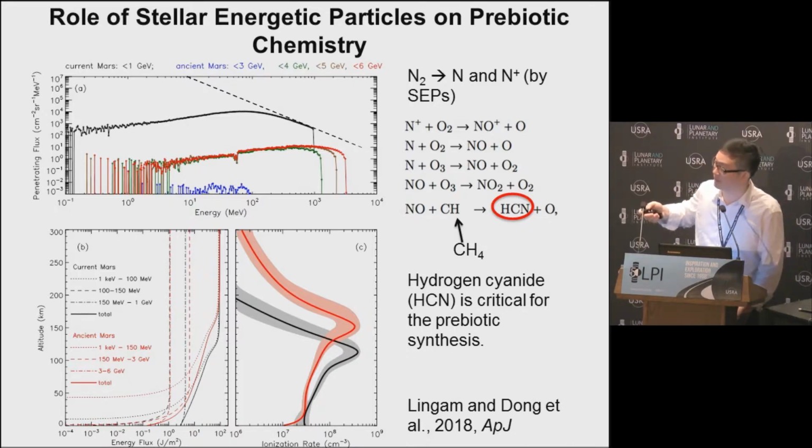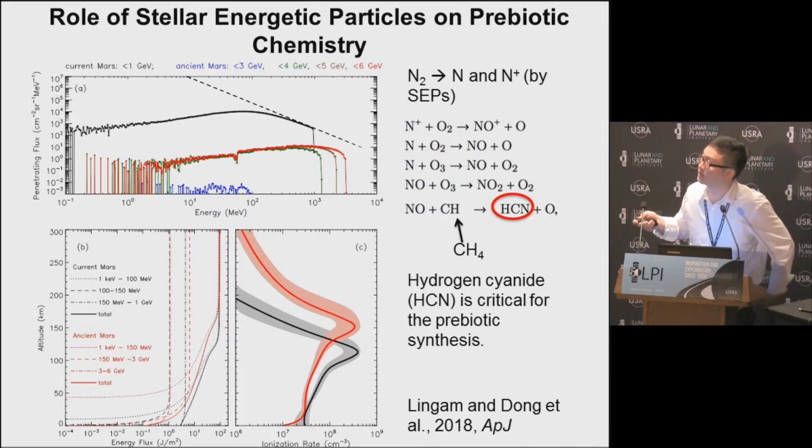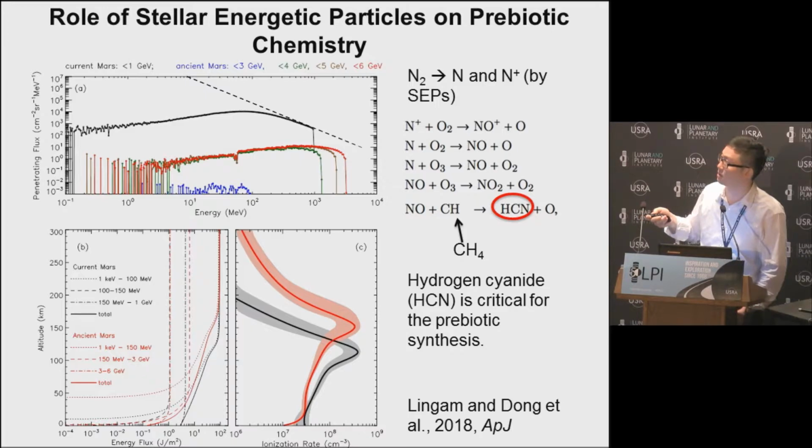Although I mentioned a lot of the negative side of stellar activity, it also has a positive role in prebiotic chemistry, because N2 can easily be broken into N and N+ by those energetic particles from the stellar event.